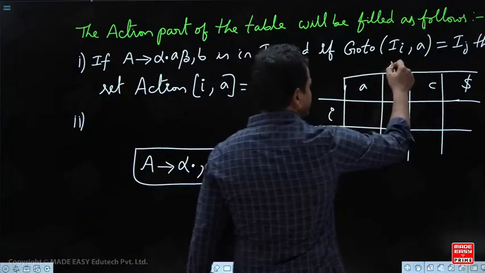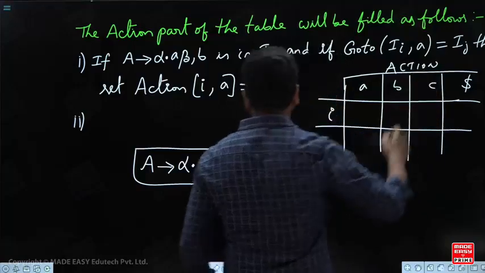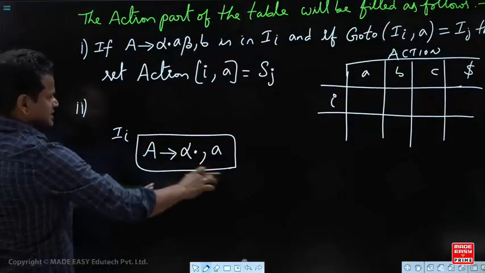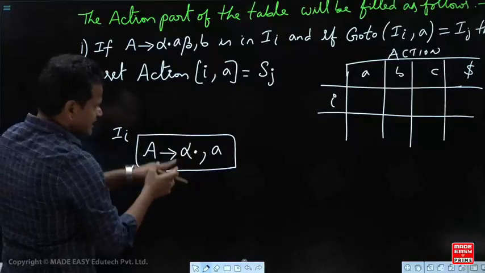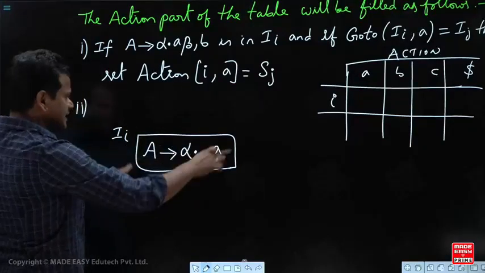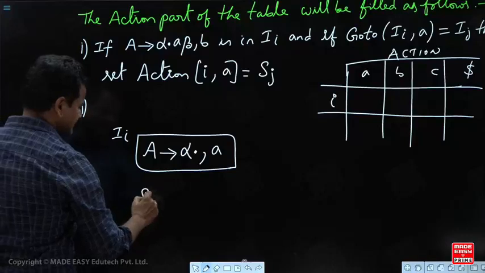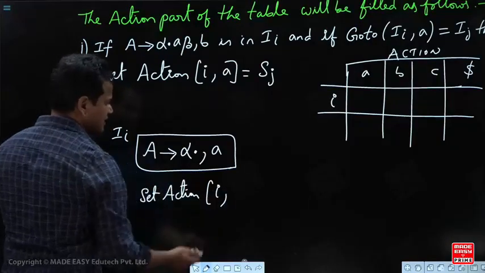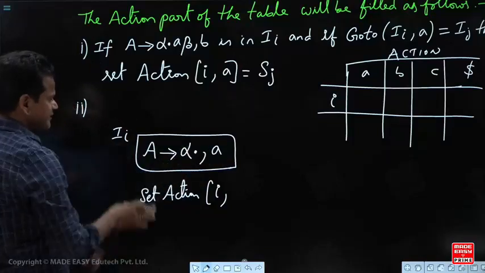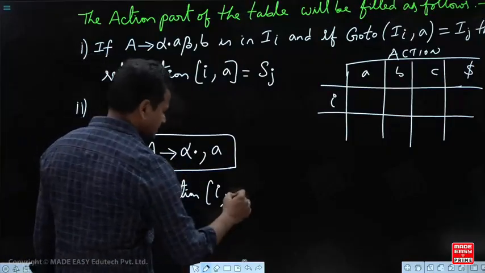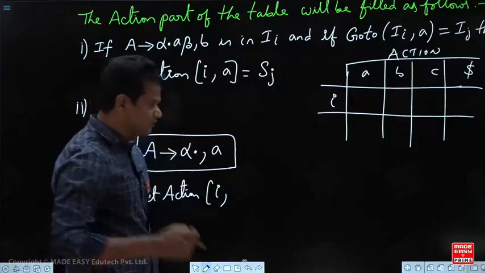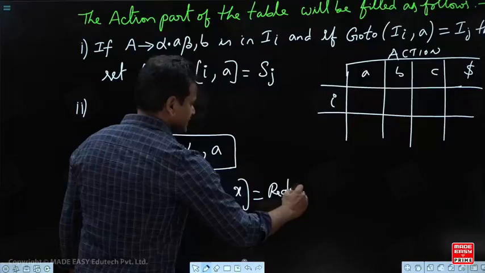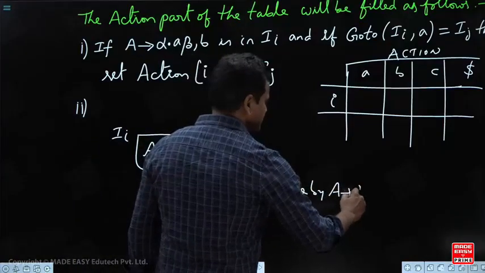Remember, for the final item also we enter in the action part. For this production, how to enter in the table? Suppose there is a production in which the dot is at the end, and the name of the state is Ii. Then set in the action part of the ith row. Why ith row? Because the name of the state is Ii. If it is I1, first row, I2, second row. And you remember in SLR(1), in the ith row, xth column, we wrote reduce by A derives alpha.